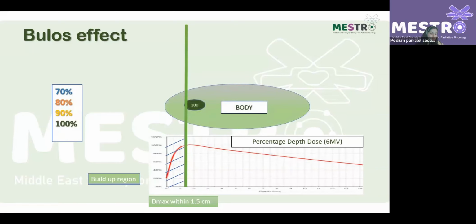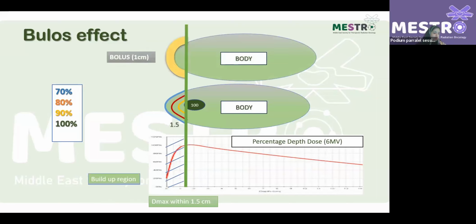So we can see our isodose lines starting at 70 at the surface, then 80, 90, following to find the Dmax located at a depth of 1.5 centimeter. And after applying the bolus, these isodoses will be shifted starting from the surface of the bolus to reduce the Dmax depth to 0.5 centimeter. This will have a good impact in such cases that we discussed earlier.